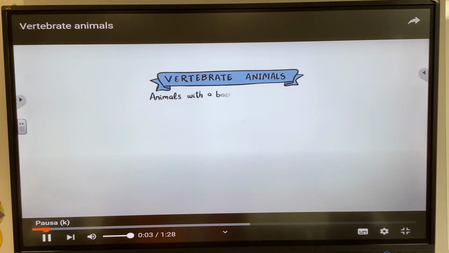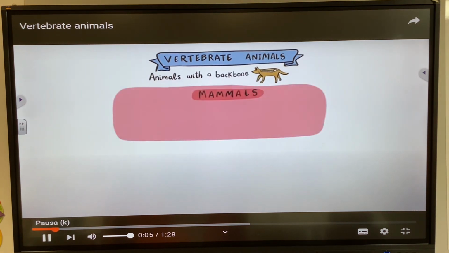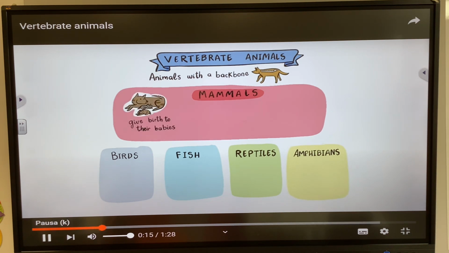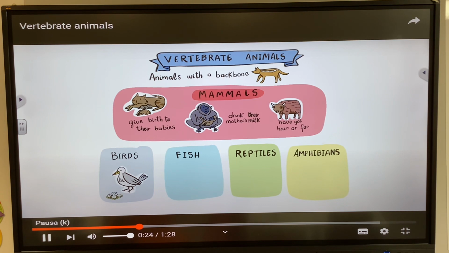Vertebrate animals have a backbone. Mammals, birds, fish, reptiles and amphibians are vertebrate animals. Mammals give birth to their babies, drink their mother's milk, and are covered with hair or fur. Birds lay eggs. They've got a beak, a tail, wings, and feathers.